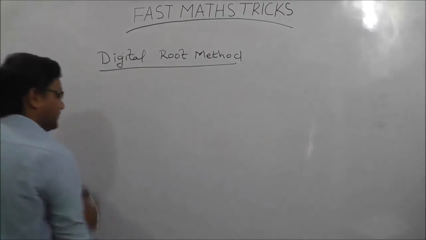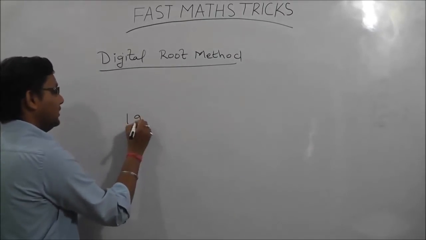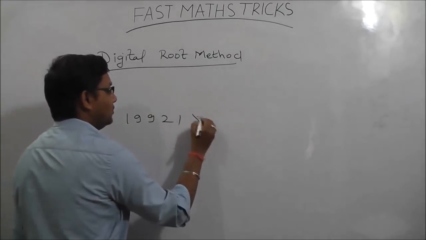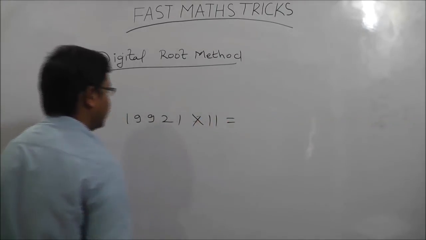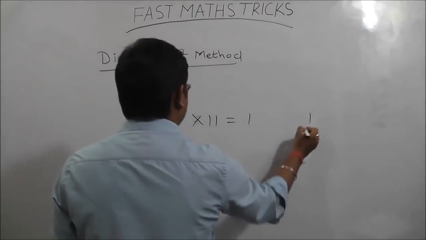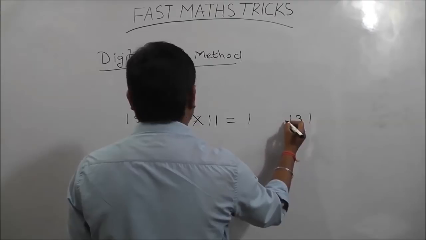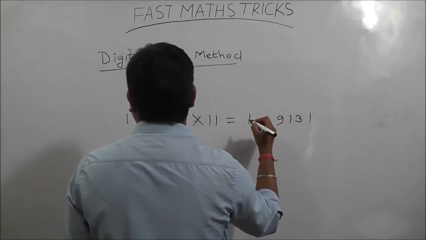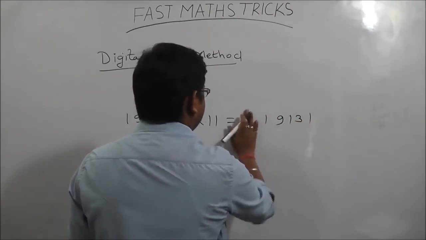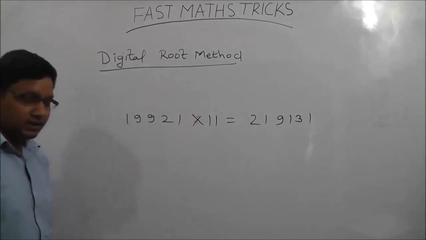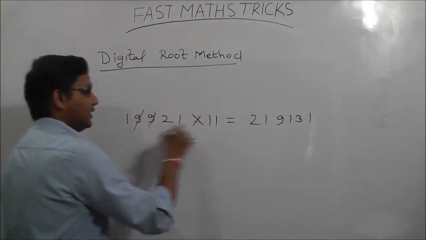Suppose 19921 equals 1 and 1 into 11. How much are we getting? 3, 11, 19. Let's verify whether it's correct or not. 9 we can ignore, as I have told.